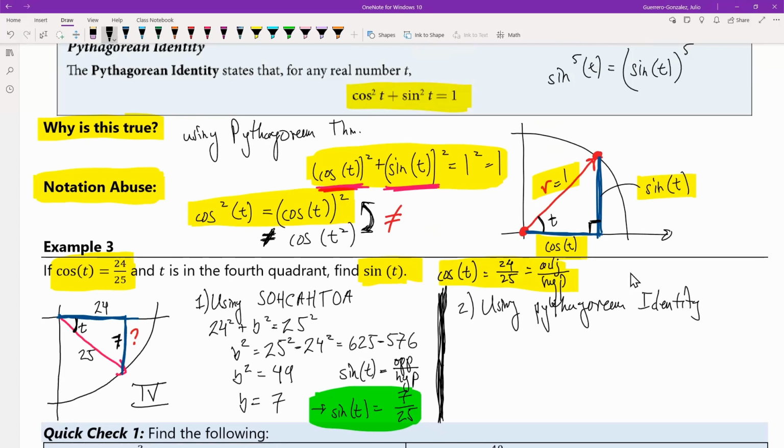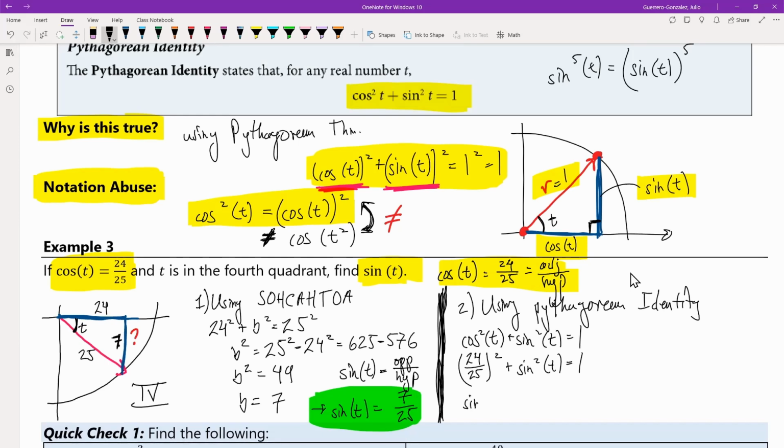I'm going to start off with cosine squared of t plus sine squared of t is equal to 1. We know what cosine is, so we can just put it in here and square it. 24 over 25 squared plus sine squared of t is equal to 1. We now just need sine of t by itself.